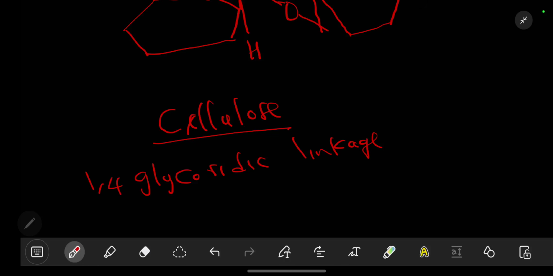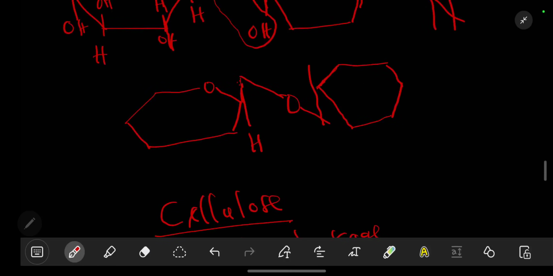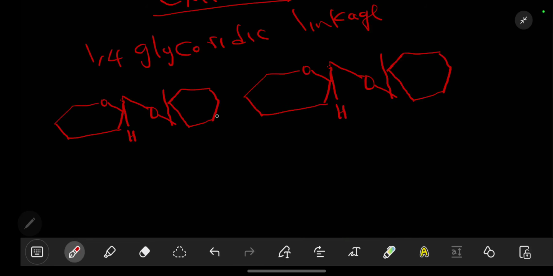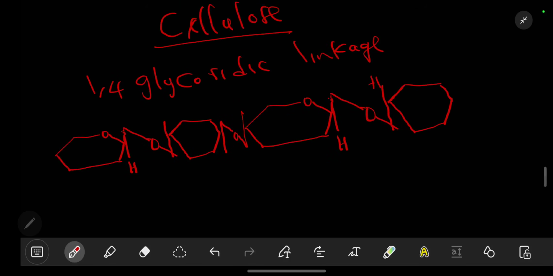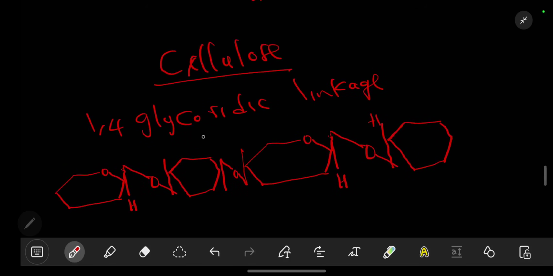These types of bonds bond together in that straight chain, a lot of them. So this is what we might have, with hydrogen down here and all that. We might have this structure repeating itself throughout, like that. This is what we call cellulose, which has a 1-to-4 glycosidic linkage.